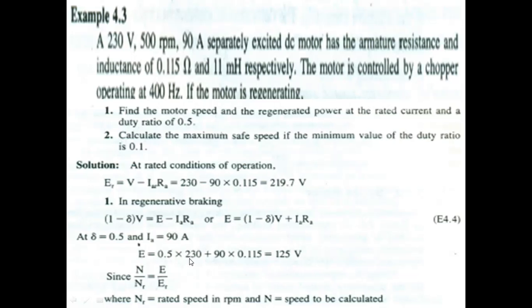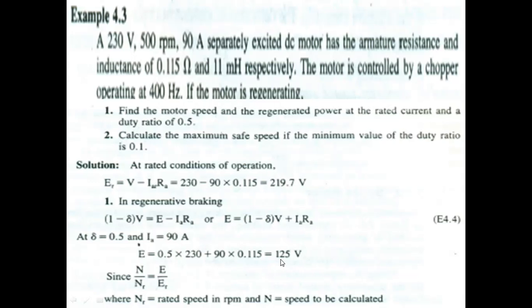So E can be written as (1 minus delta) into V plus IA RA. The duty ratio delta is given as 0.5 and the armature current IA is 90 amperes. So E is equal to (1 minus 0.5), that is 0.5, into V, 230 volts, plus 90 into RA 0.115. In total you get E equal to 125 volts.